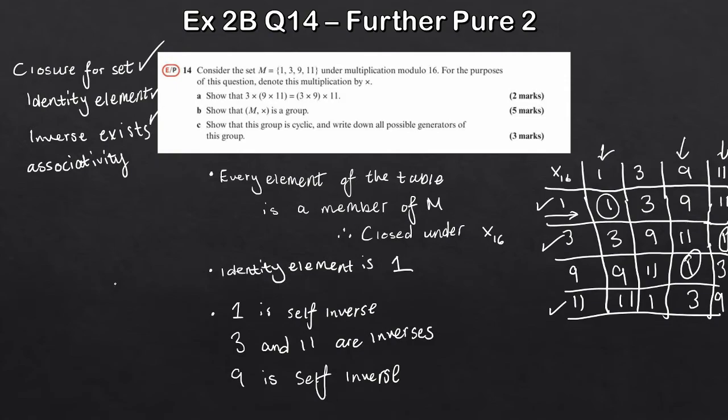And finally, for associativity, what we know is that for normal multiplication, associativity holds, right? So associativity follows from the associativity of normal multiplication.